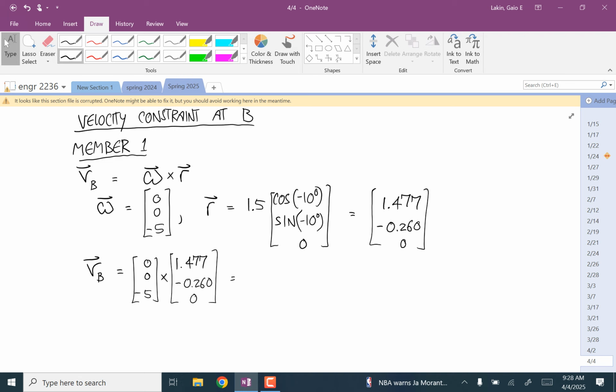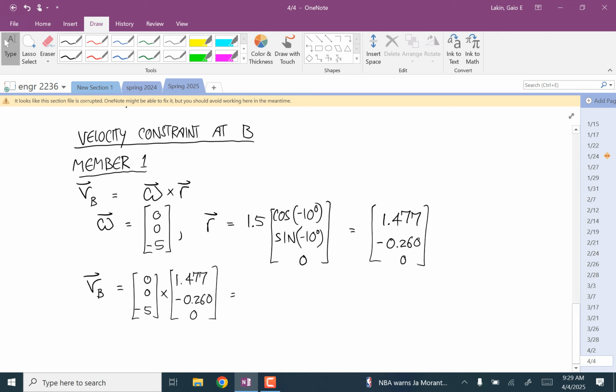We just found the velocity of B. Why are you timesing that again? I just found the what? It's that first equation, omega cross r? Yeah, that's the velocity of B, right? So why are you timesing that again? Well, I just hadn't put the numbers in yet. Oh, okay.